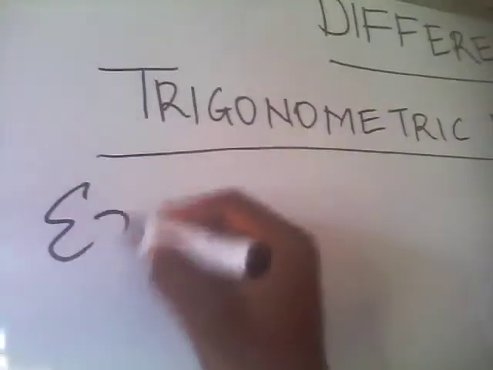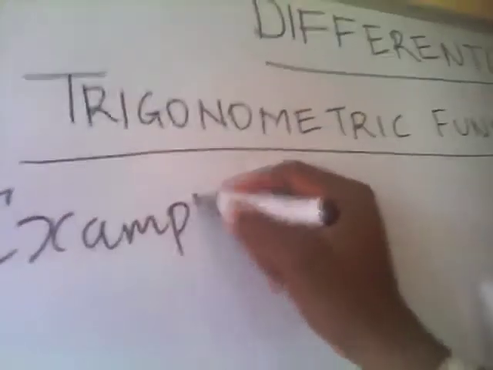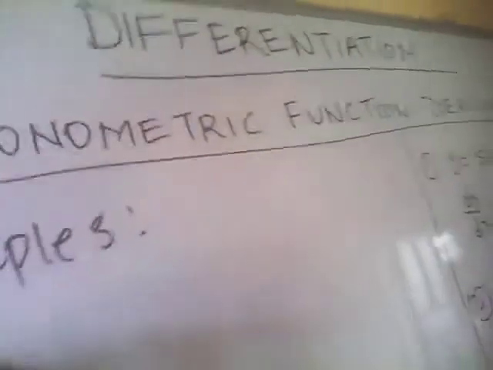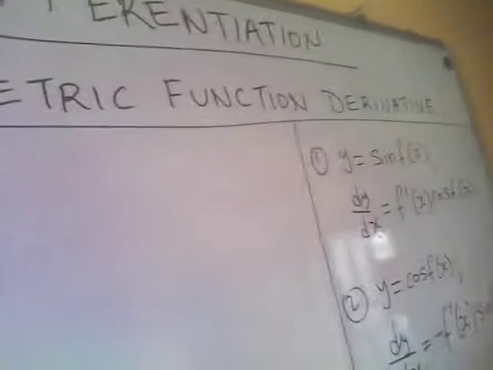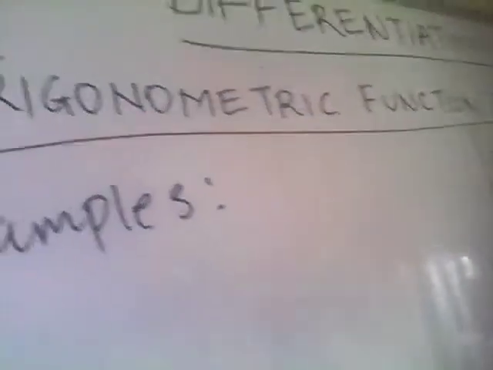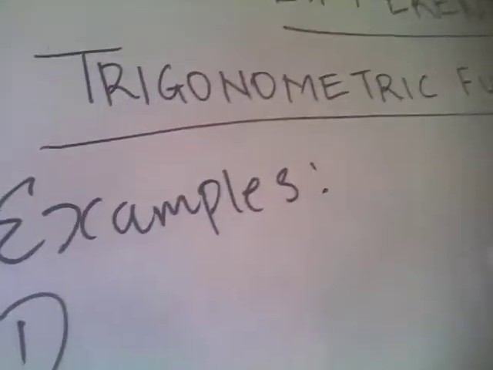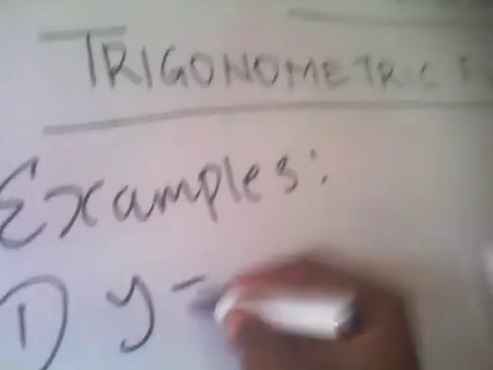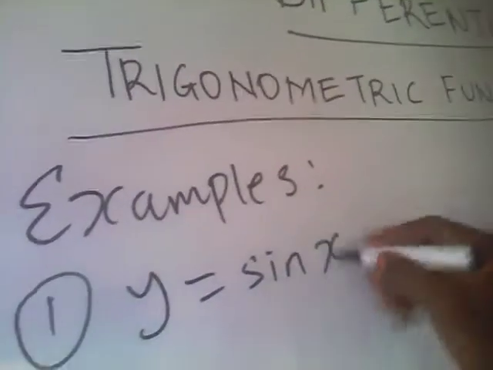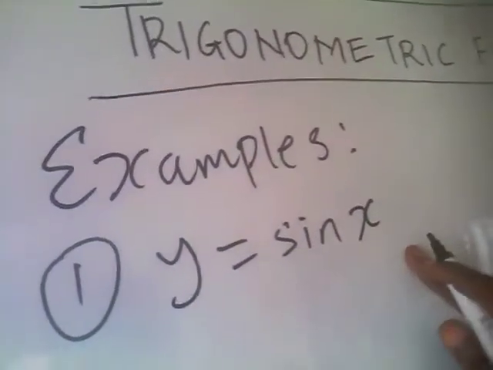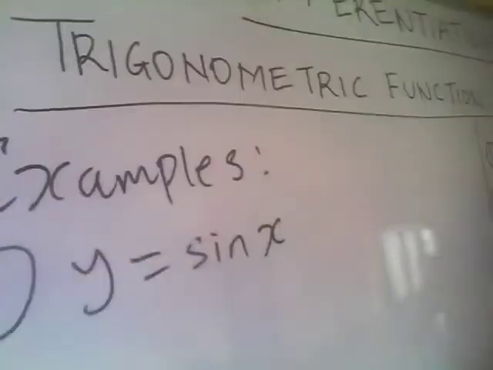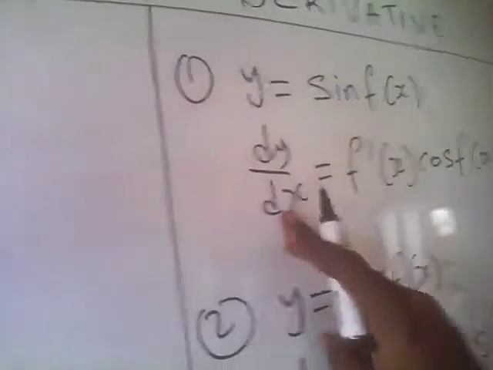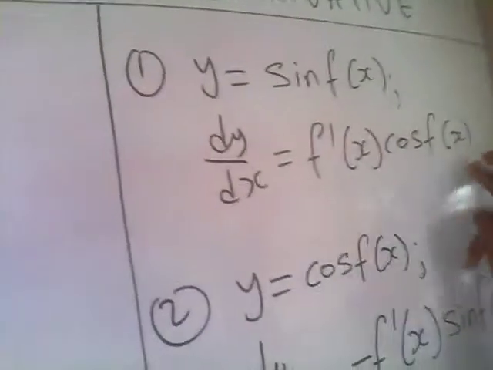Now, examples. Let's take example 1. If y is equal to sine x, comparing this function with the formula for the sine function: in the sine function, we have that y is equal to sine f of x, and the derivative will be f prime of x cos of f of x.